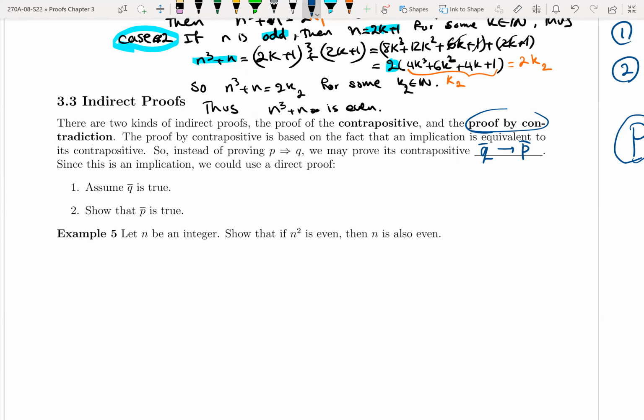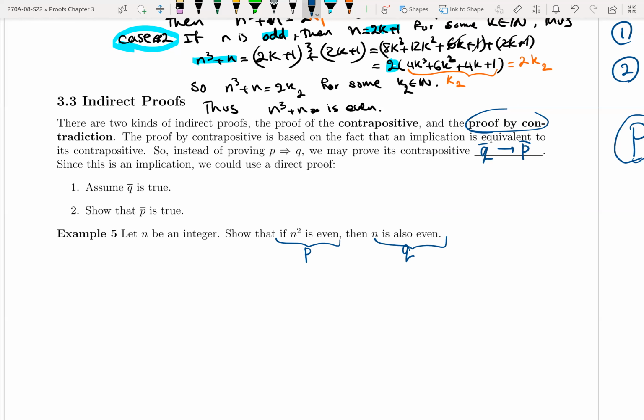For now, if I can't directly go from P to Q, it's fine. I will go from not Q to not P because they are the same. This is one statement that actually does not work with the direct proof. So why? This is your P statement and this is your Q.